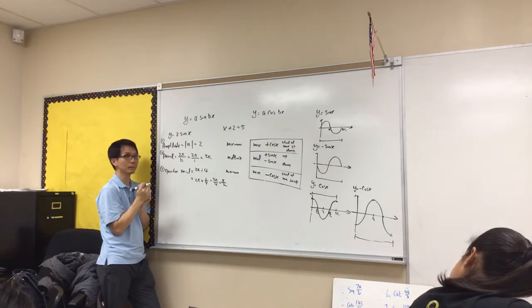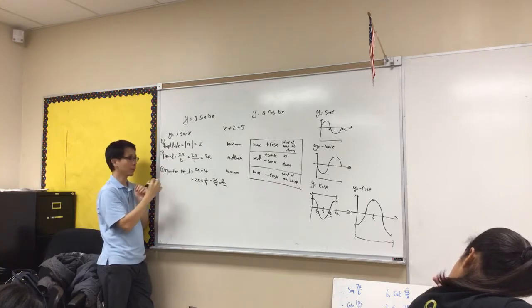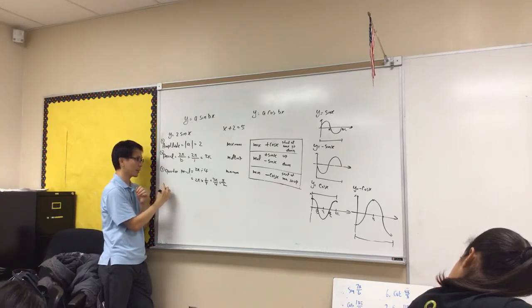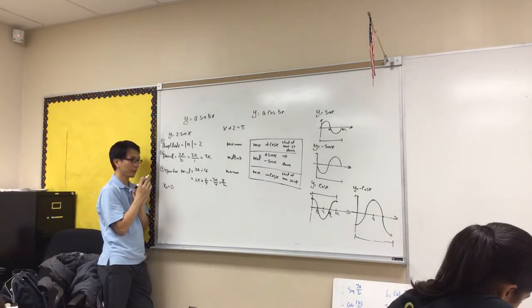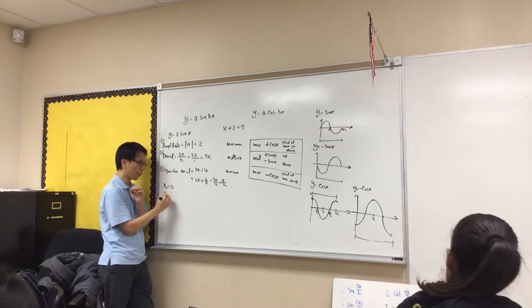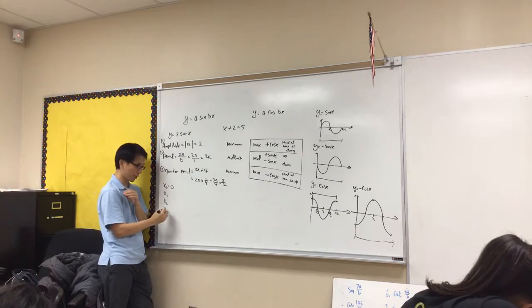Now your starting point is always at 0 for now; later on it's going to change. So my starting point is x equals 0. Now you should have 5 points with incremental changes.